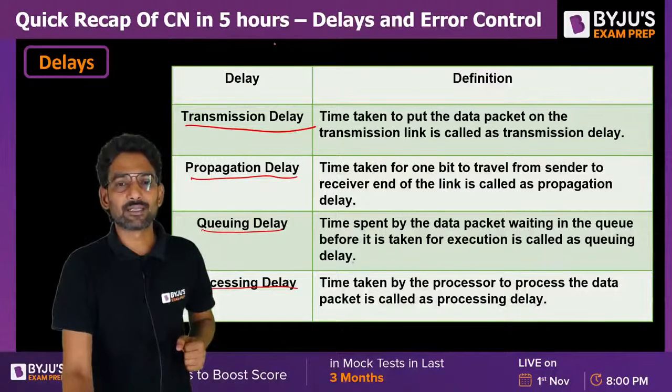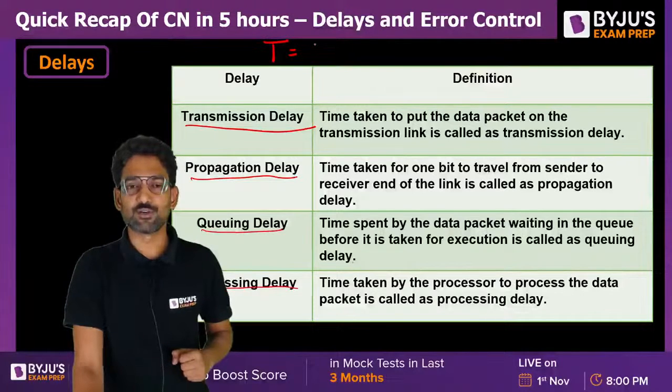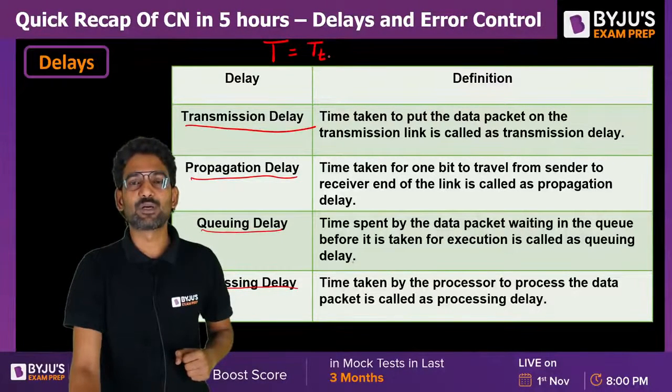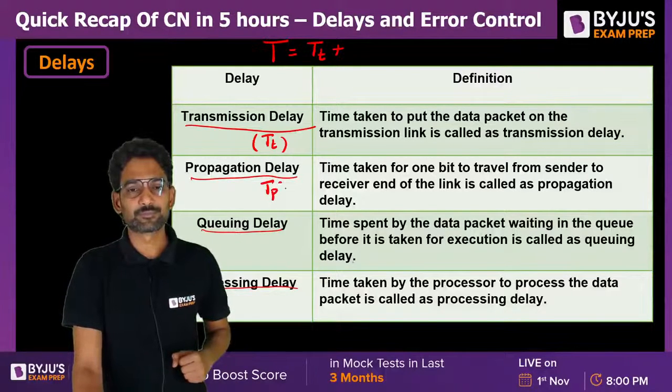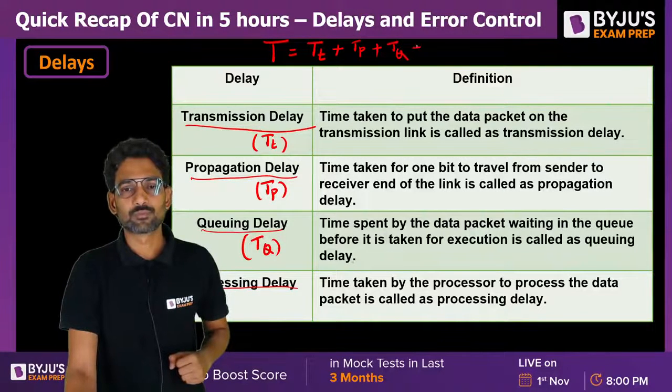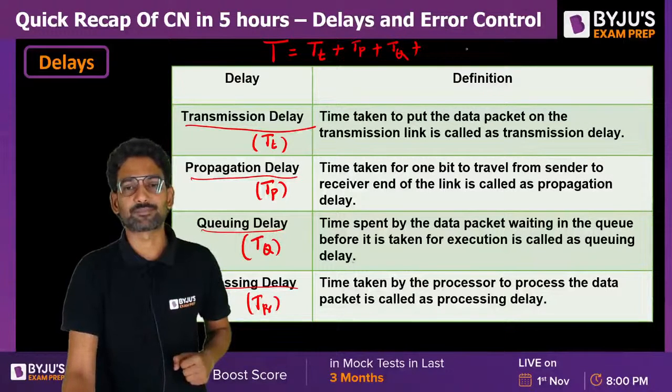If I take the total time as T, this T is the summation of transmission delay, let me call it TT, transmission time; propagation delay, let me call it TP; queuing delay, TQ; and processing delay, let me call it TPR.